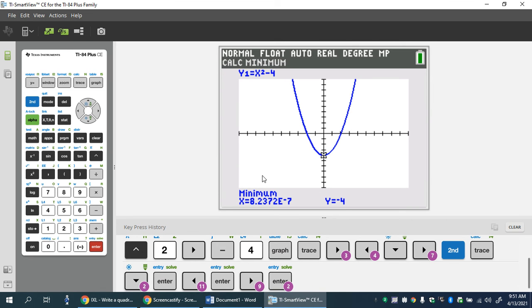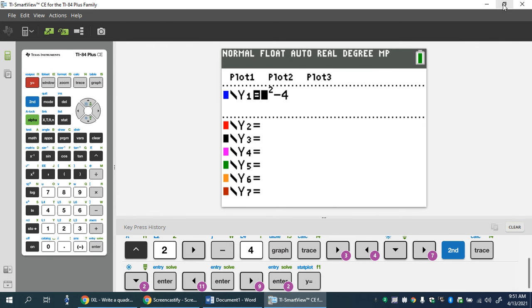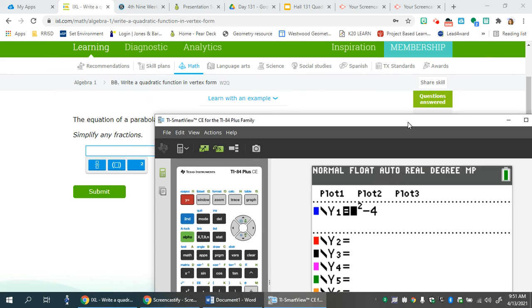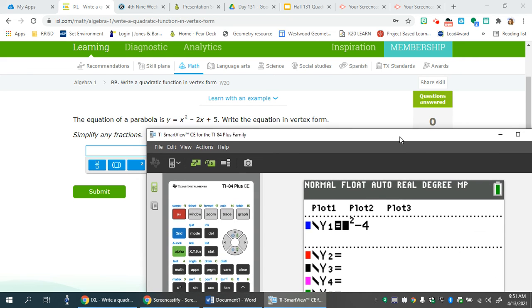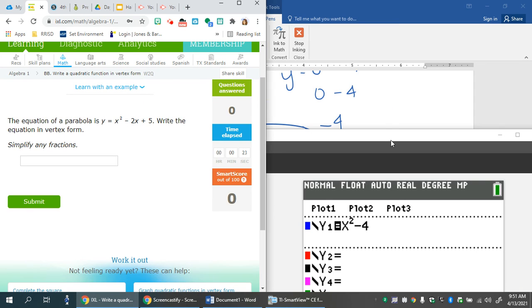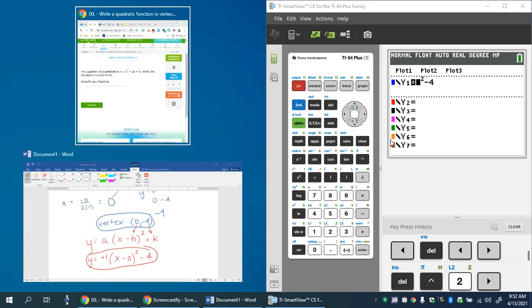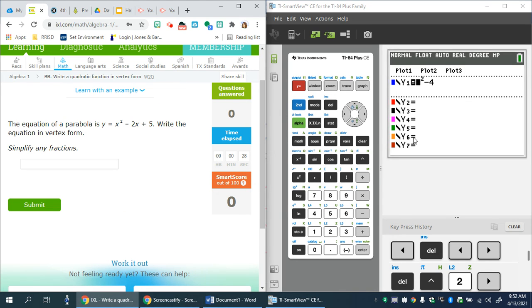So if you use my little hint, if you're still watching this video, you can go to y equals and put that equation in. Split the screen. Okay, so need to clear this stuff.